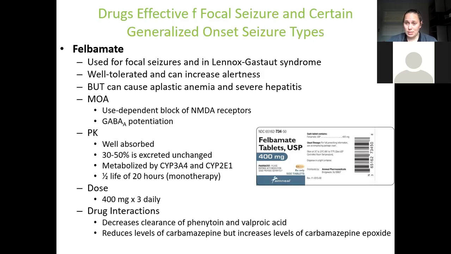You can see the CYPs responsible for metabolizing it, and generally what the half-life is if applied in a monotherapy approach. The dosage you can see here is 400 milligrams 3 times daily, but it can decrease the clearance of phenytoin and valproic acid, and reduces the level of carbamazepine, but increases levels of carbamazepine epoxide.